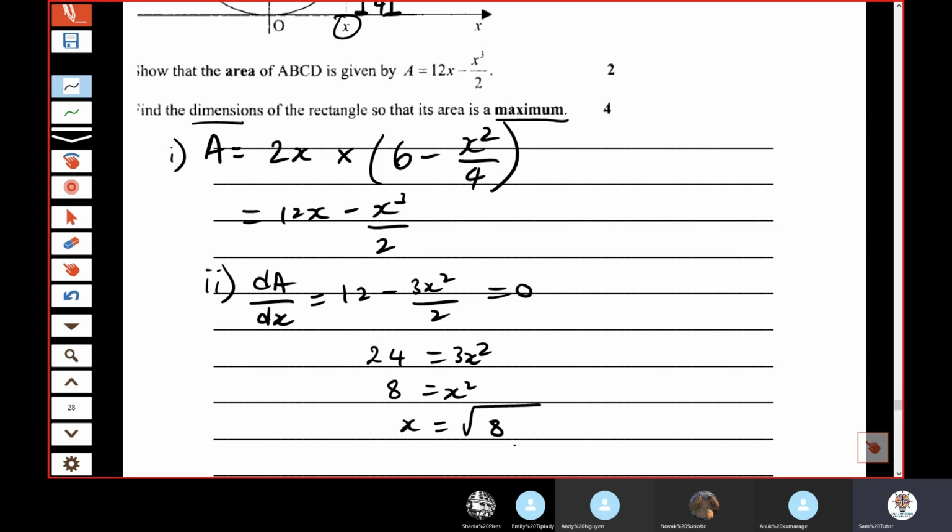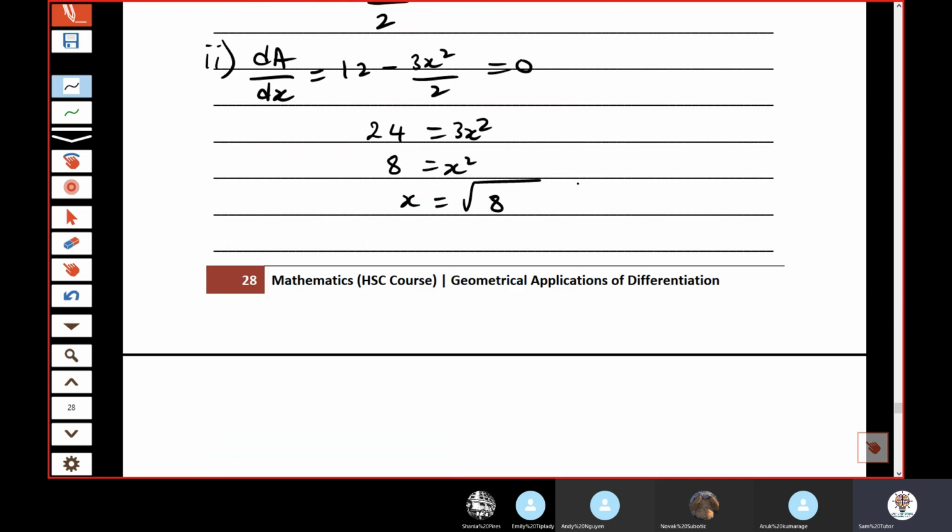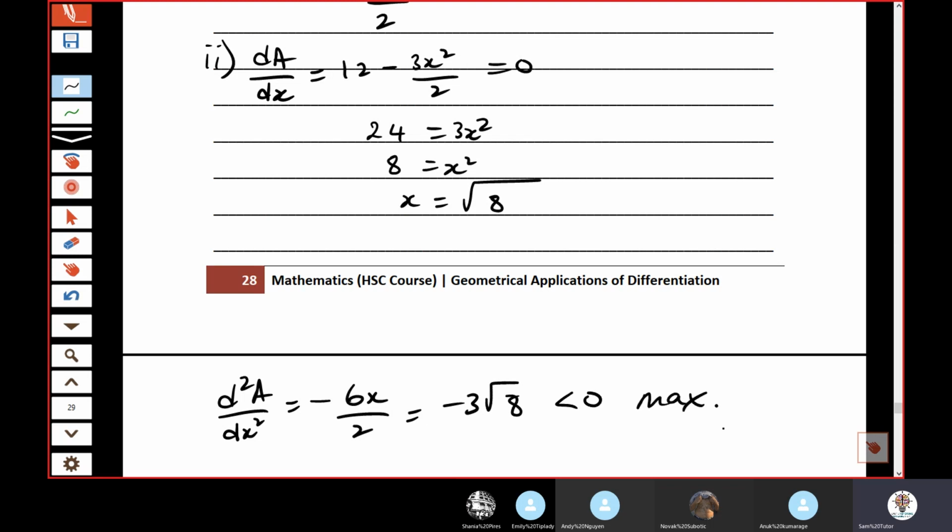Square root it. Then I'll do my second derivative, which equals negative 6x on 2. Sub this in, negative 3 root 8, which is less than 0, a max.